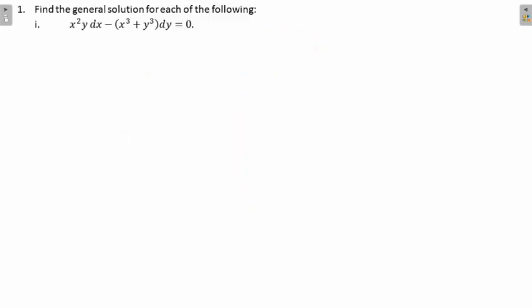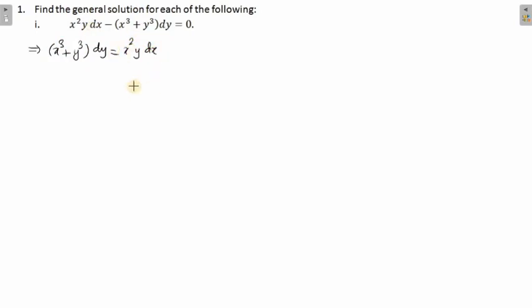Here we have to find the general solution of each of the following. The first question says x square y dx plus x cube plus y cube dy equals 0. Let's quickly solve this. What I will do is find dy by dx, as I said. From here, this goes out there, so it becomes x cube plus y cube dy is equal to x square y dx.